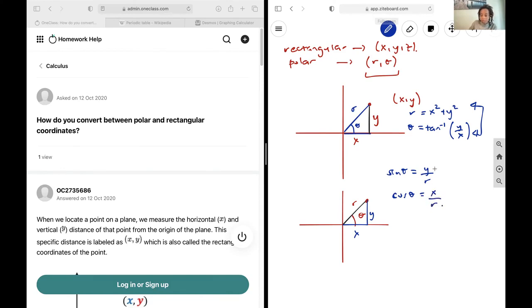And so if I wanted to solve for x and y here, and I only have polar coordinates in the equation, then I can do so. So y is going to be r sine theta, and x is going to be r cos theta. And so this is how you convert from polar coordinates to rectangular coordinates, and this is rectangular coordinates to polar coordinates. And that's it for this question.